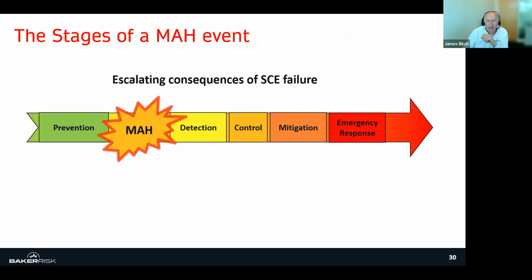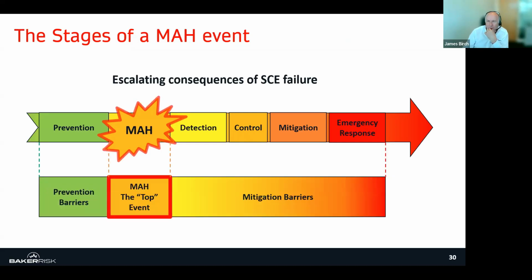So let's go back to that timeline from green to red. If we separate it, we have prevention before the accident, we have mitigation taking place after the accident.